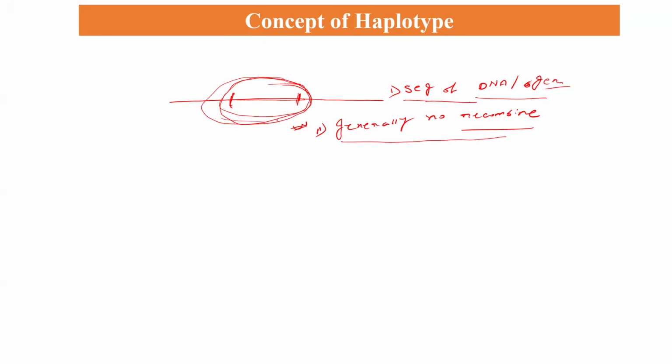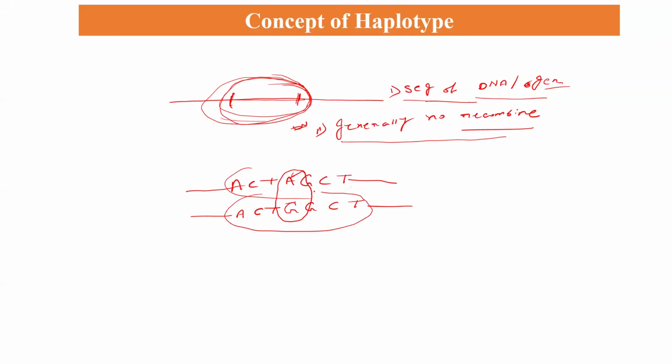Haplotype is also used in GWAS analysis. Here in sequence I can say A C T A G C T. This is a haplotype. Then here is A C T G G C T. Here only one SNP changes, a single nucleotide change, and this is transferred together, not recombined with each other.